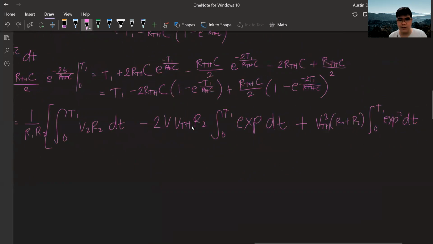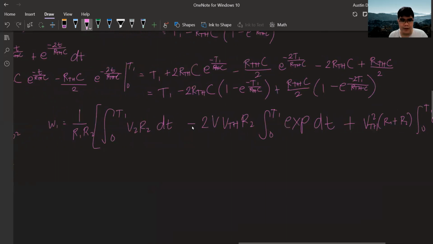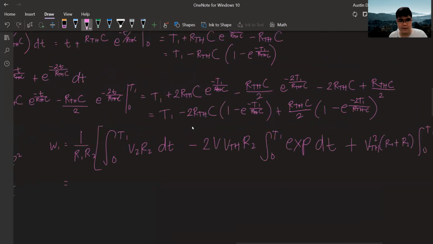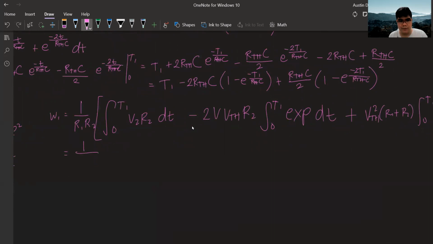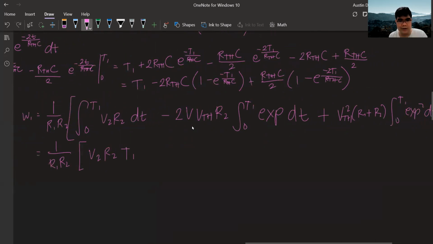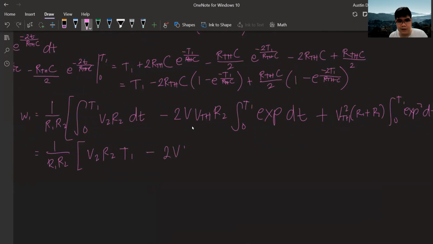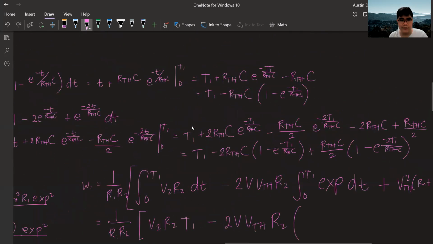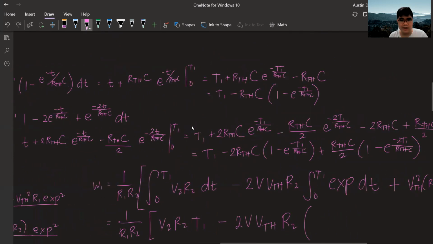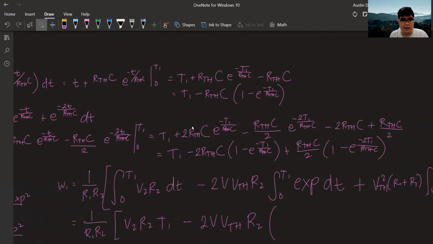Okay, so straightforward naman. And then I just have this. Okay, straightforward yung integral ng first term kasi V squared R2 t1. Tama? Kasi 0, wala naman yun. Minus 2 V V_th R2. And then I have here yung exponential lang natin. So let me just grab this guy.